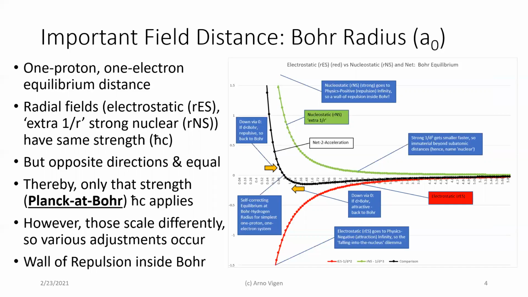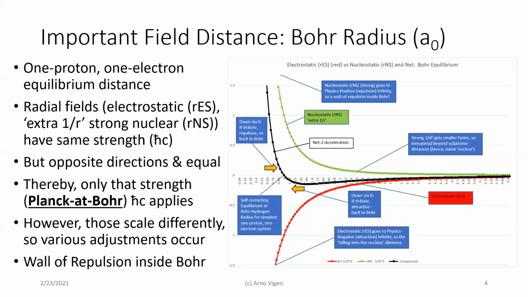So you get these orange arrows. That is the net number between them, and at the Bohr radius, 1 on this graph, is a self-correcting equilibrium. These graphs are positive is physics positive, which is repulsive. Positive meaning the distances will accelerate to increase. Okay?